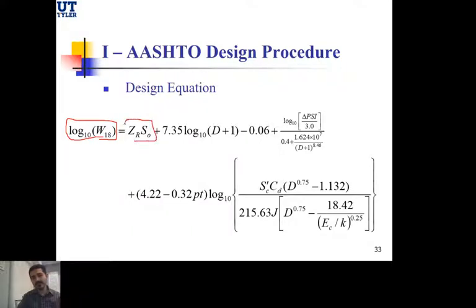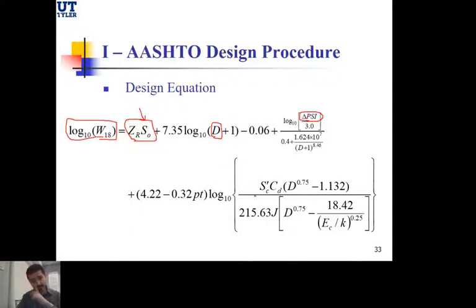ZR and S0, this actually has to do with the standard deviation of the materials and the traffic and the deviation in general that has to do with the pavement, the rigid pavement, and of course the two of them together represent the reliability level. And then the D, this is the required thickness of the PCC layer. And then we have the delta PSI, which is the initial serviceability minus the terminal serviceability.